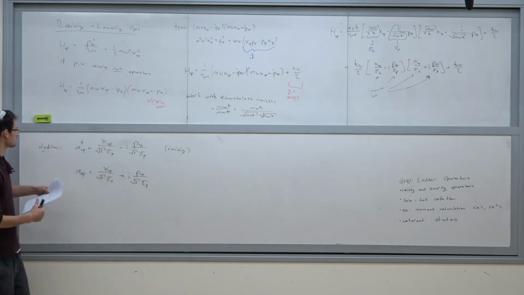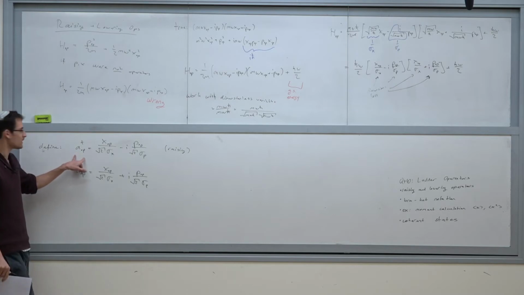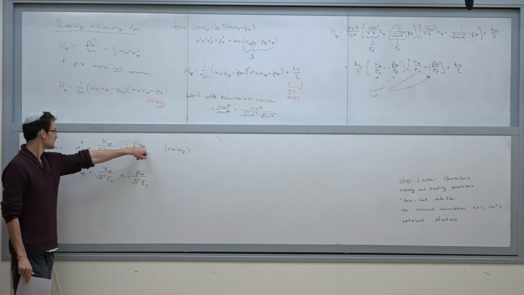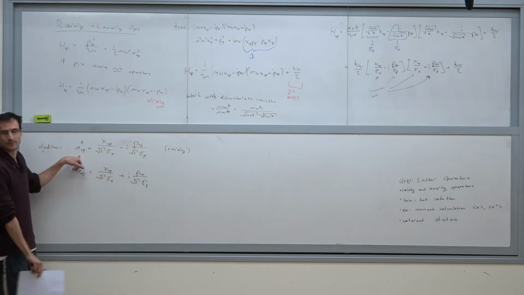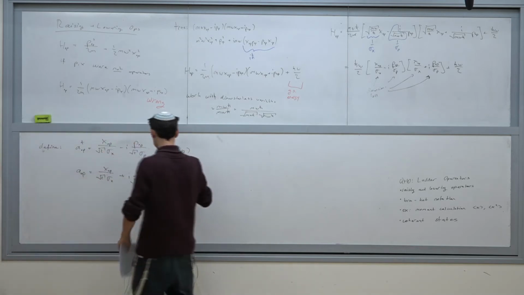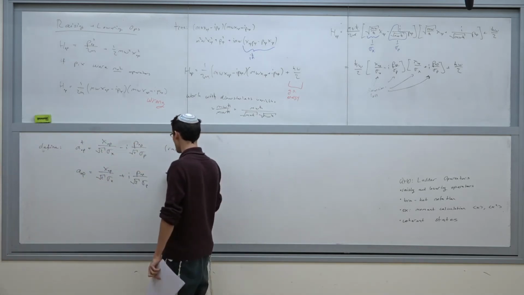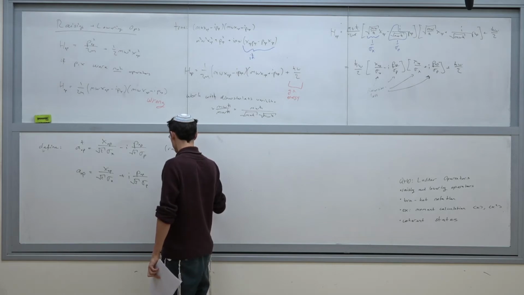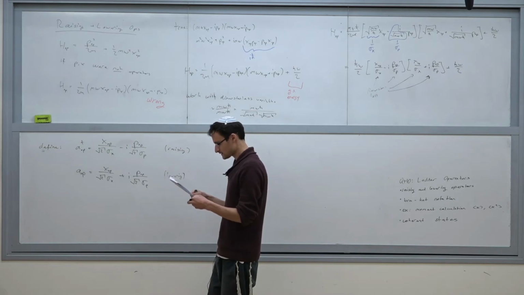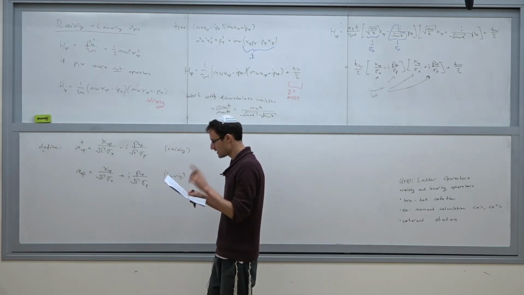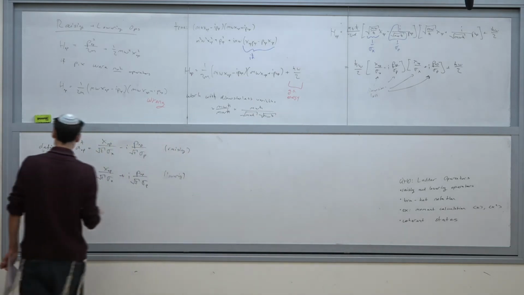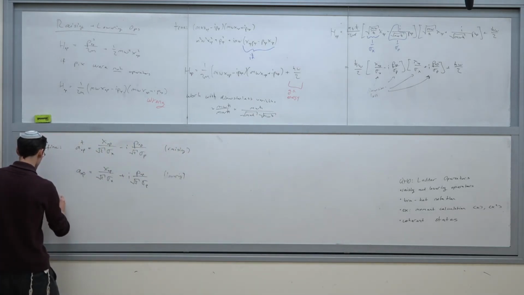I've defined new operators, but you shouldn't be scared of them because you know exactly what they are. You know what the x operator is. You know what the momentum operator is. So now you just take this minus that, and that's a new operator. So there's no reason to become scared of this or to not like this. It's just a combination of other operators. Now before we go there, with this definition, the Hamiltonian takes a really simple form.